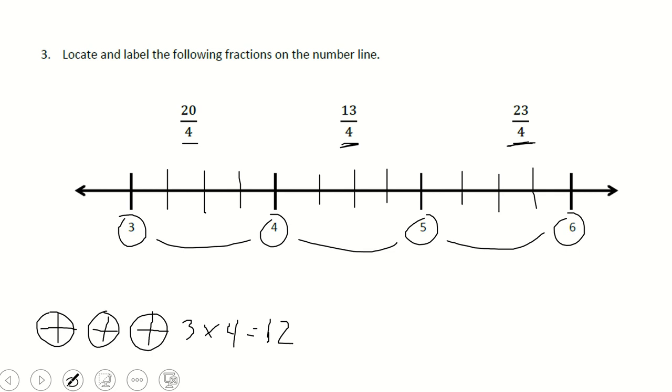So at 3, I've actually got 12 fourths. I'm just going to put a box around that because that's a whole number.